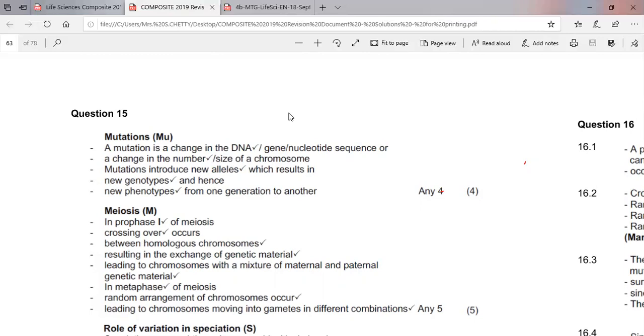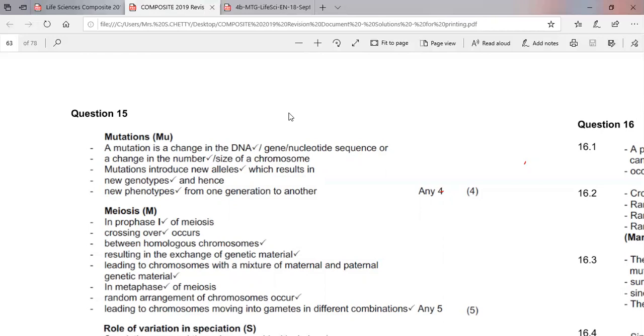Mutation introduces new alleles, which results in new genotypes and hence new phenotypes. Oh my God, my darlings, just look at it. Mutation introduces new alleles, resulting in new genotypes and hence new phenotypes. I never looked at that like that before, did you?